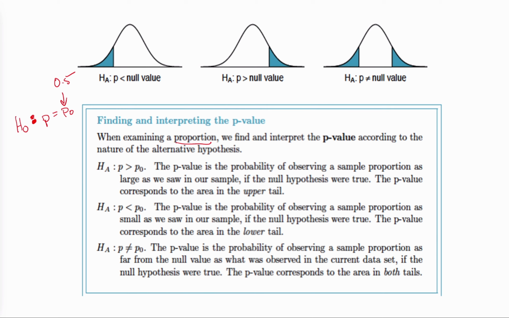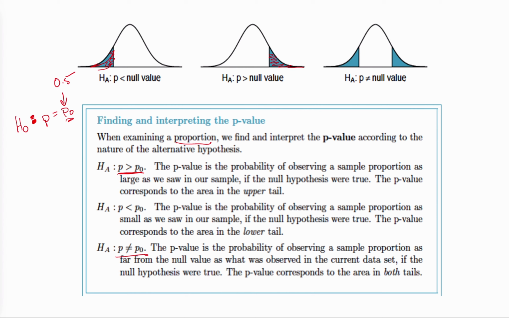So if your alternative hypothesis is that the true proportion is greater than that, you're going to be looking at the upper tail. If your alternative hypothesis is that the true proportion is less than your null value, you'd be looking at the lower tail.